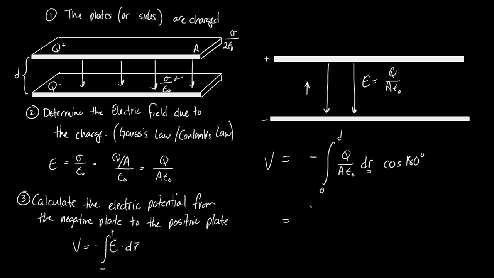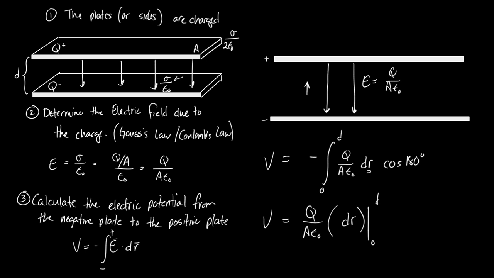Now, clearly this is going to be a pretty straightforward integral. This one is going to be easy. I can pull out my constant. I can just leave dr here, and the negative cancels. Right? Cosine 180 is a negative sign. Negative times negative cancels out. And we're going to evaluate this from 0 to d.